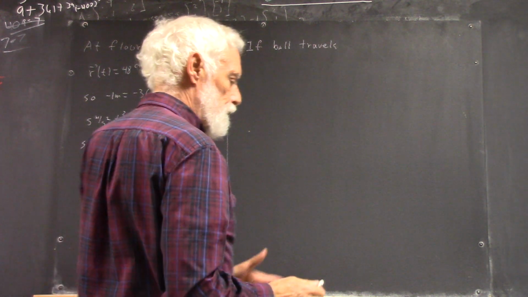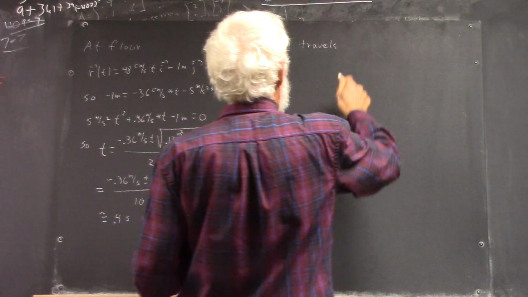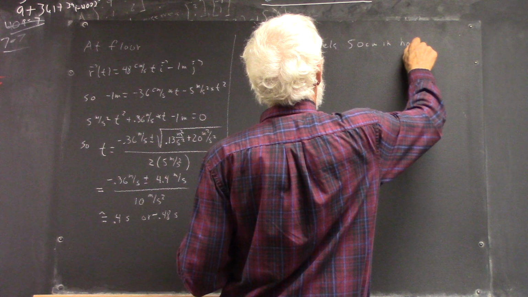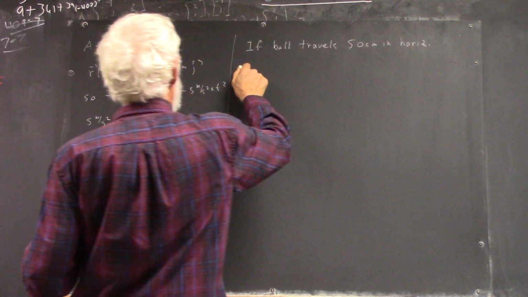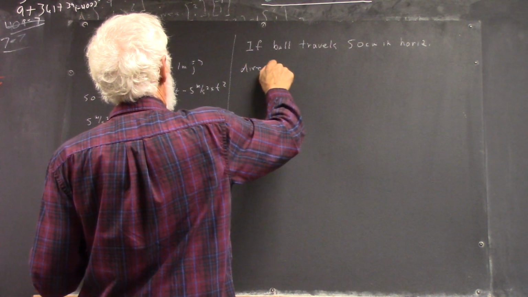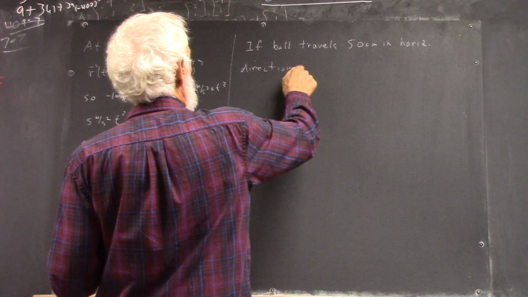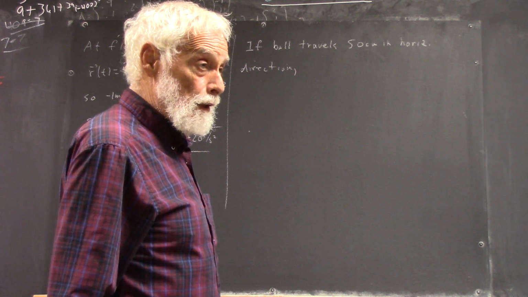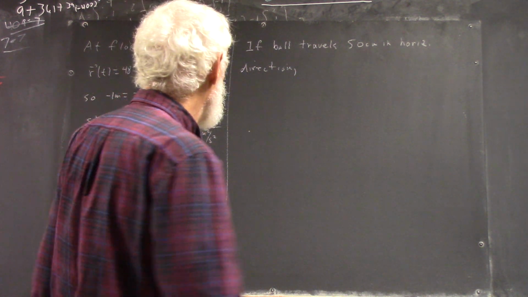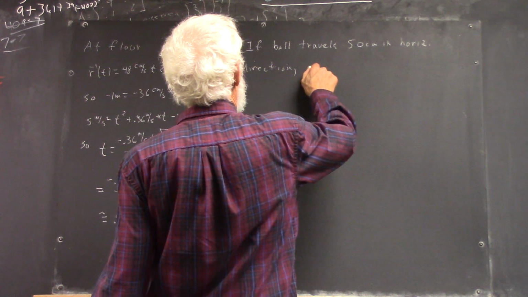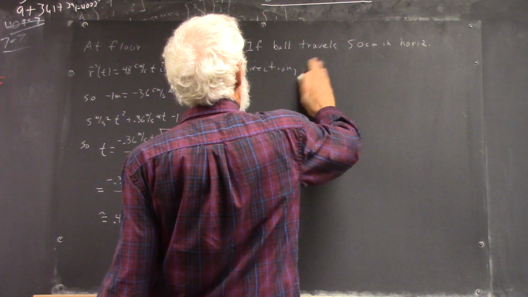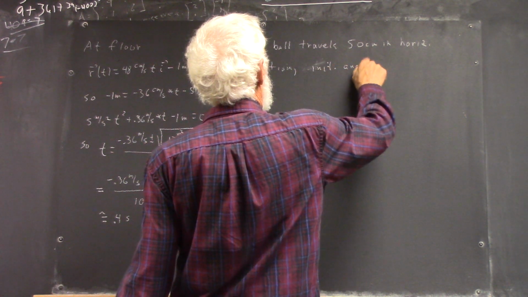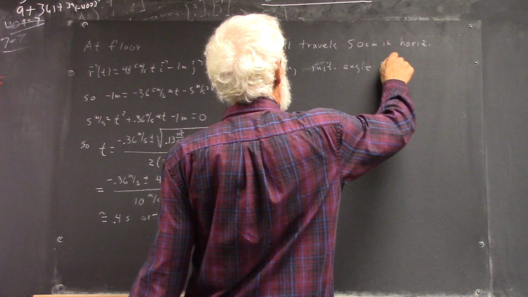If the ball travels 50 centimeters in a horizontal direction, initial angle 6 degrees.